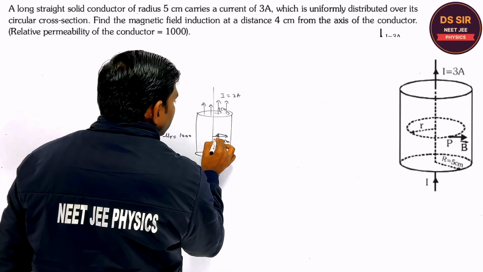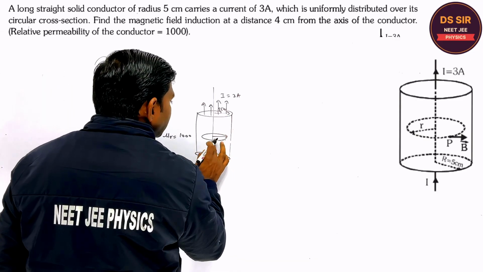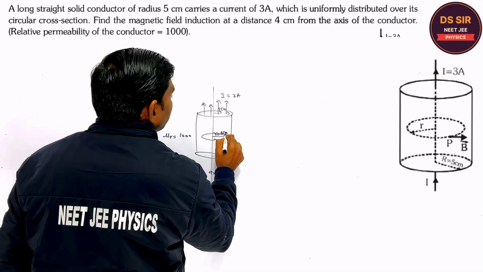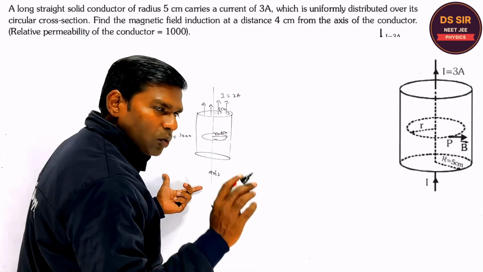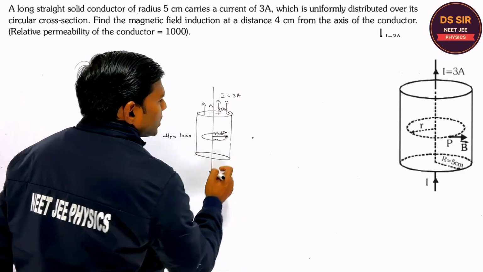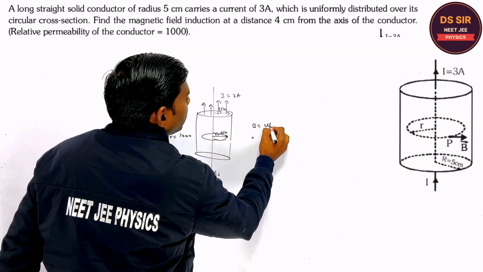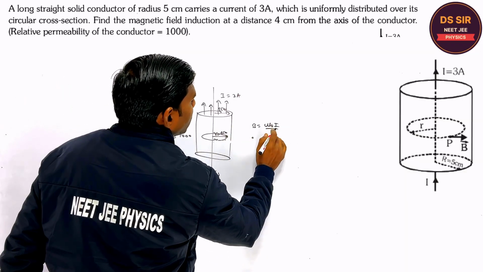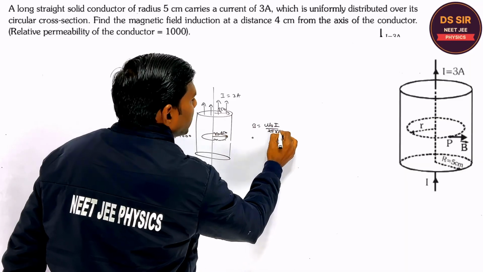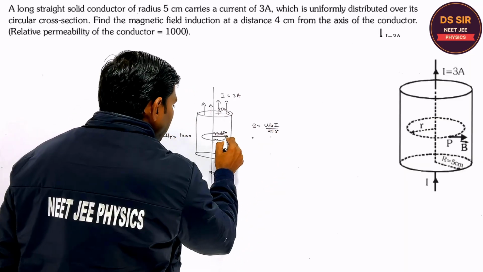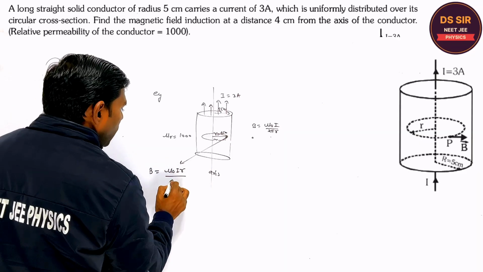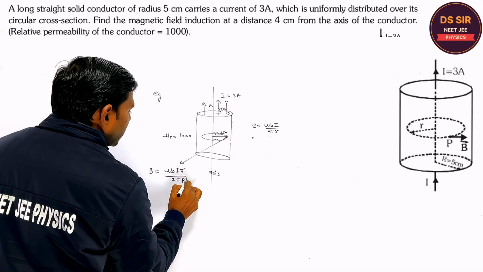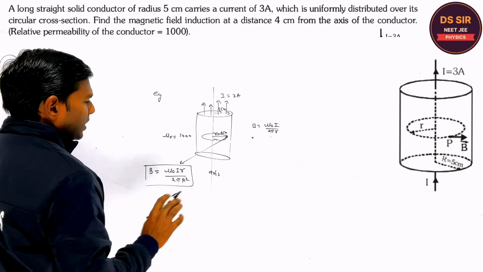So here you have to find the magnetic field inside. For the solid conductor we have two formulas, inside and outside. The outside magnetic field is simply mu naught I upon 2 pi r, and inside the magnetic field is mu naught I r upon 2 pi R square. You will remember this. Are you getting or not?